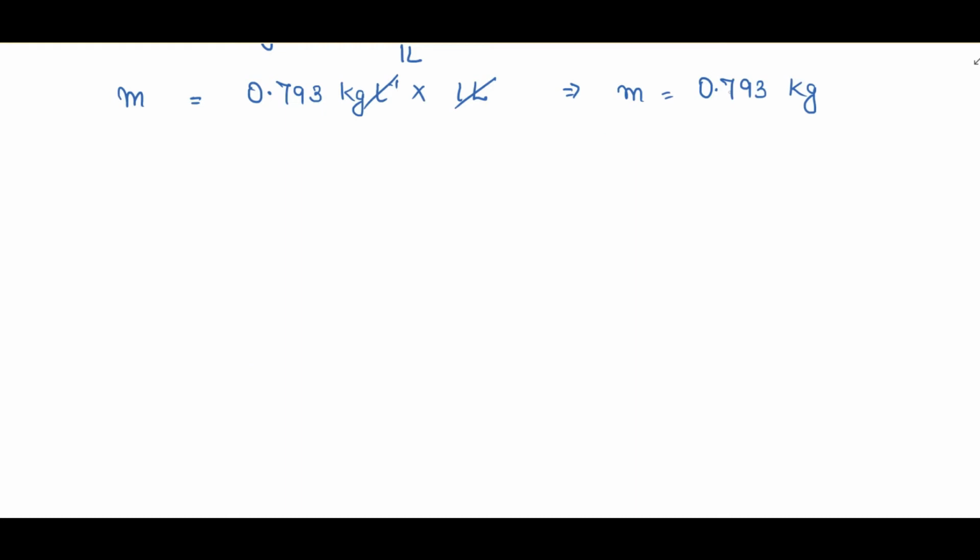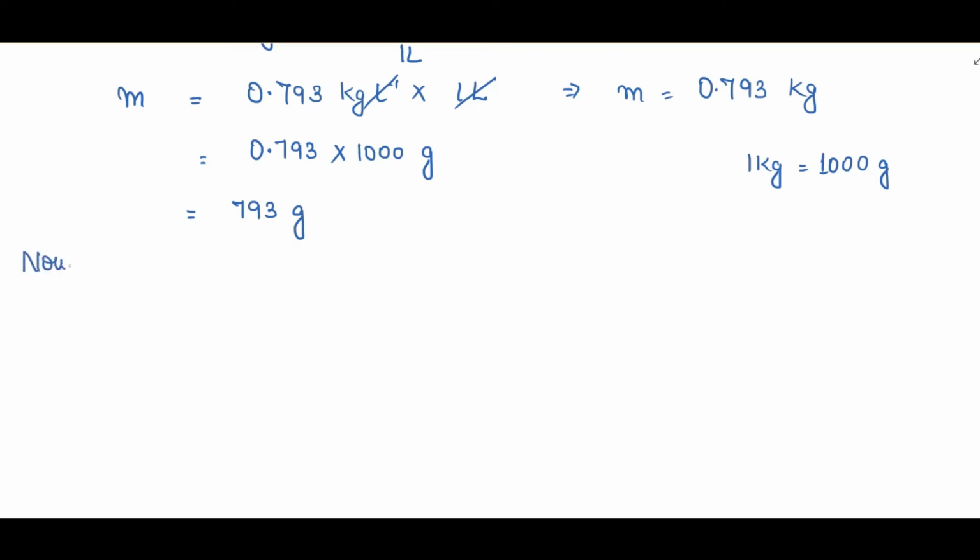We'll convert this 0.793 kg into grams, because in the above relation the mass of solute is taken in grams, right? So 0.793 kg, 1 kg equal to 1000 gram, right? So it will be into 1000 gram. So it will be 793 grams, right? Now let's apply the unitary method over here.